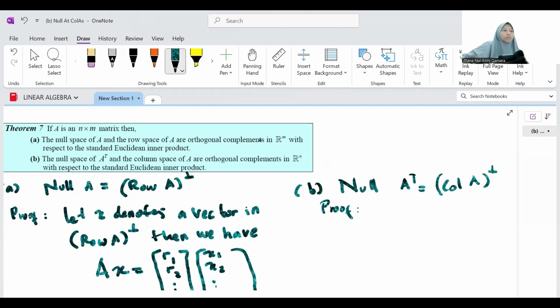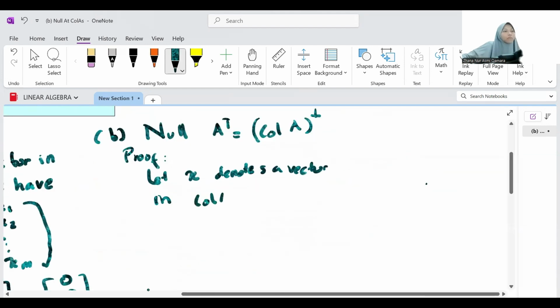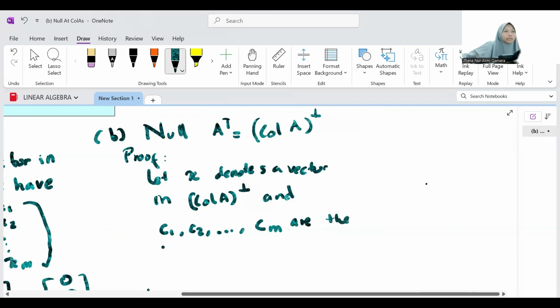First, let x denote a vector in the orthogonal complement to the column space of matrix A, and C1, C2 until Cm are the column vectors of matrix A.